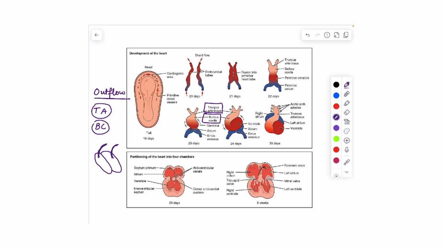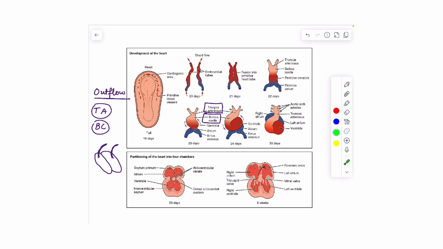Now these two structures, as we can see, this truncus arteriosus and the bulbus cordis. This bulbus cordis, as we can see, is near the ventricle, so it is going to give rise to the smooth parts of the ventricles that are going to continue into the pulmonary trunk and the aorta, right?